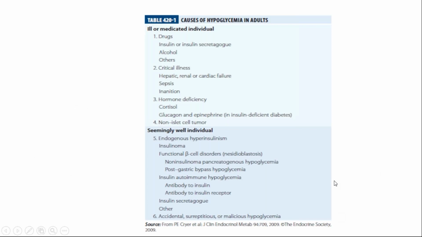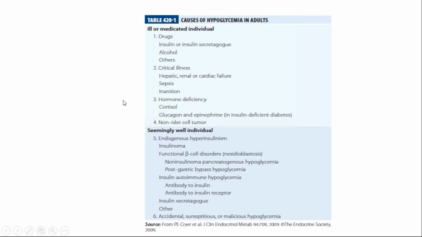These are the causes of hypoglycemia in adults. Drugs are the most common causes: insulin or insulin secretory drugs, that is glimepiride, glipizide, sulfonylureas basically, and non-sulfonylureas.